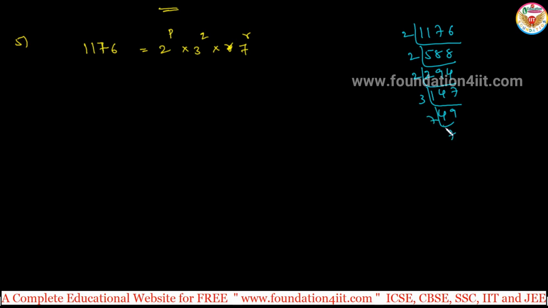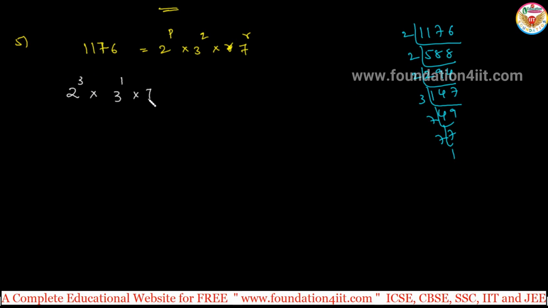Again 7 7s are 49, so 7 and 7. Finally, 1176 is 2 cubed, 3 power 1, and 7 power 2, exactly equal to 2 power p, into 3 power q, into 7 to the power r.